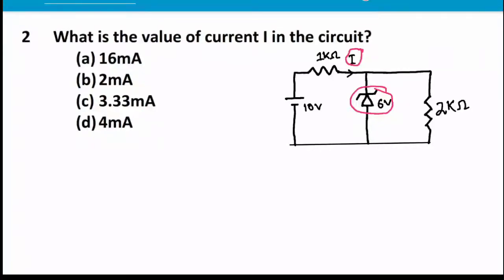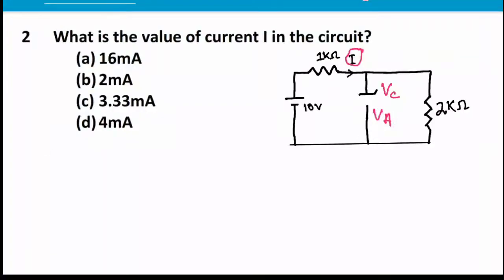So here we have to consider whether the Zener diode is in forward bias condition or reverse bias condition, so that we will determine its application. So to determine that one, we have to first remove that Zener diode. Here suppose this is Vc, that is cathode potential, and this is anode potential.